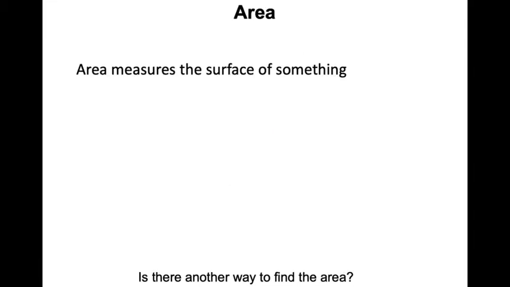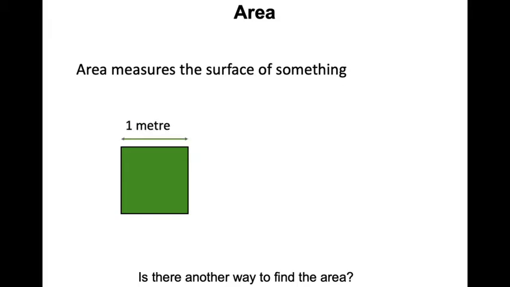Area, similarly, is the measure of the surface, the inside area. If you have 1 meter on one side and 1 meter on the other side, again you can assume that because a square has all sides equal, this is 1 and this is 1. The answer to that is 1 square meter.